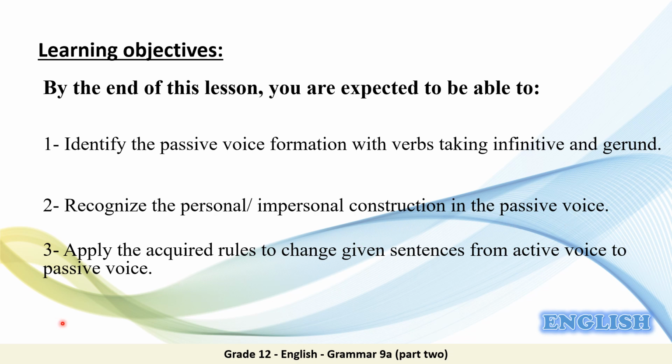Three, apply the acquired rules. Why? To change given sentences from active voice to passive voice. Everything will become quite clear by the passage of time, so don't worry yourselves about the objectives. They are very easy to understand by the passage of time.